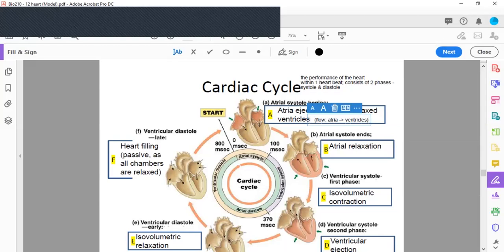B, atrial systole ends, which means atrial relaxation.